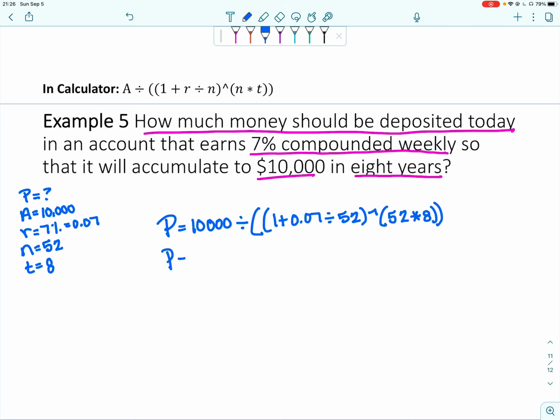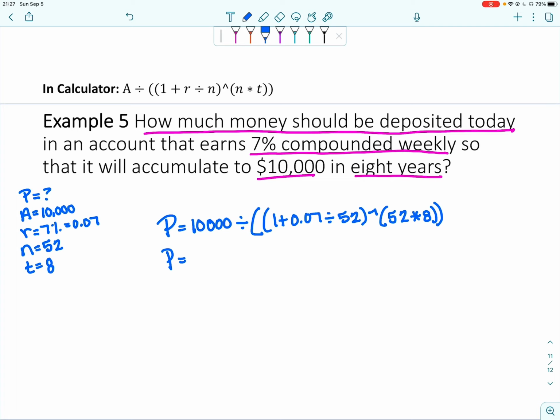All right, so that's going to give us our answer. Don't leave out any parentheses, don't add any.